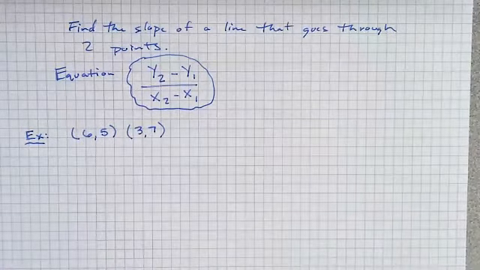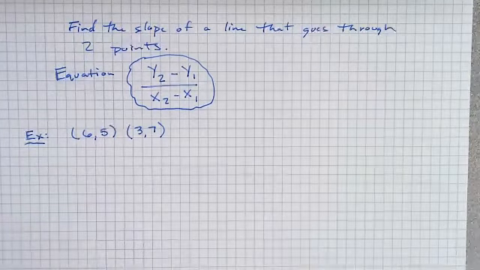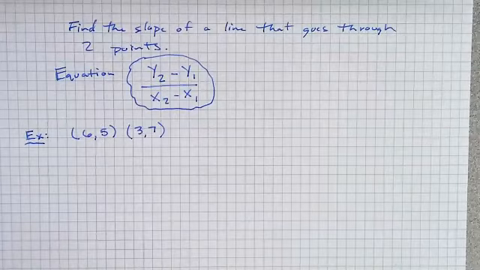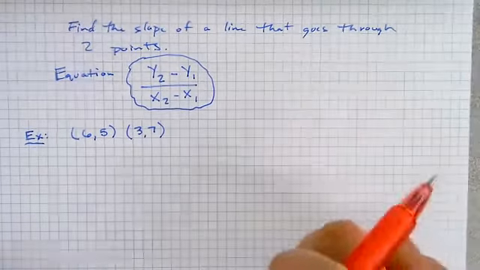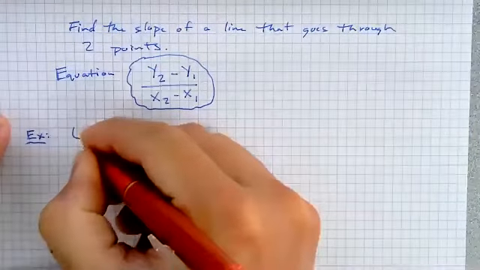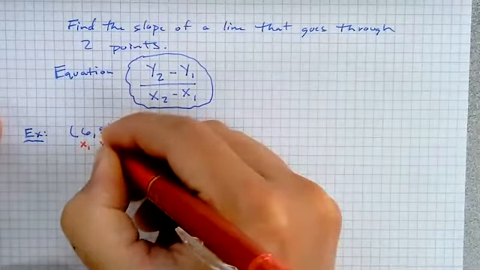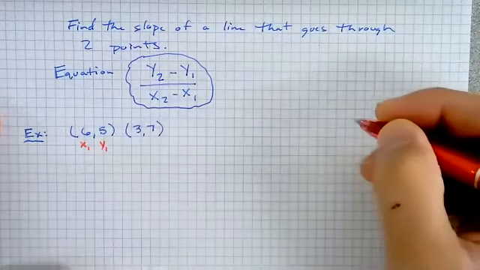Okay, so let's say we're asked to find the slope of a line that goes through these 2 points. We are just going to label these. This is our first x value, so this is our x1. This is our first y value, so we call it y1.